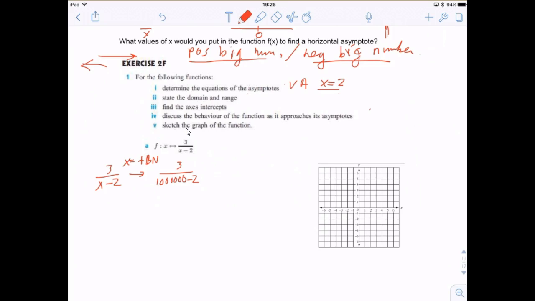So what does that give us? It gives us about 0.000003, right? A really small number. So we'll say small positive number. Okay. And then we're going to do the same thing with a negative big number.